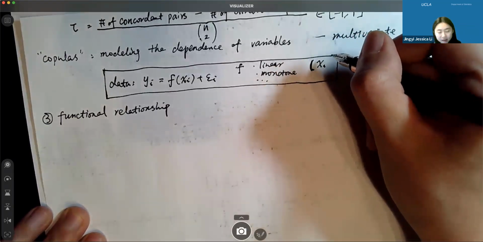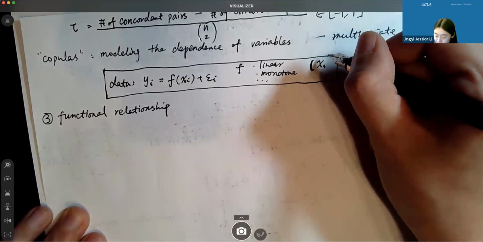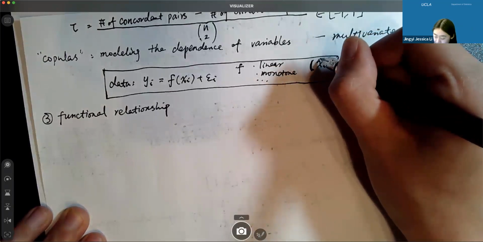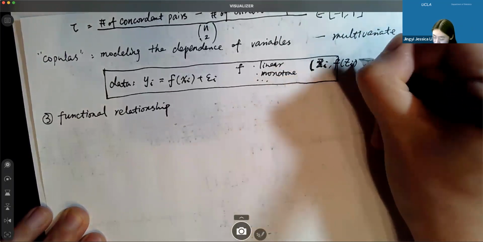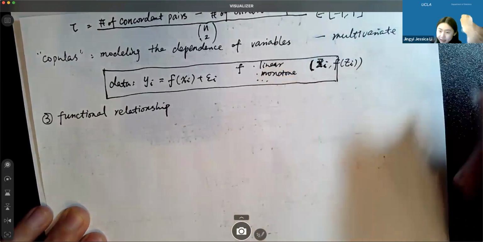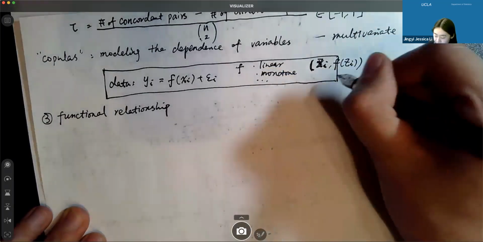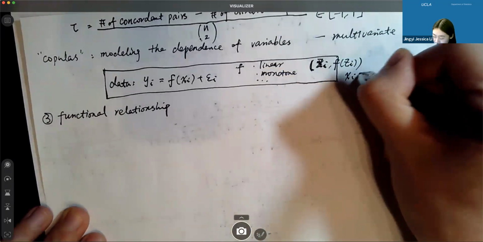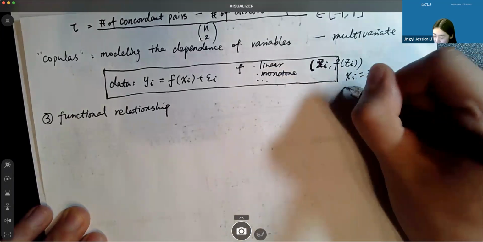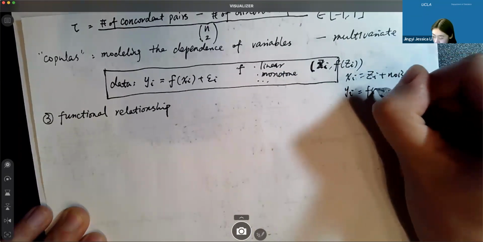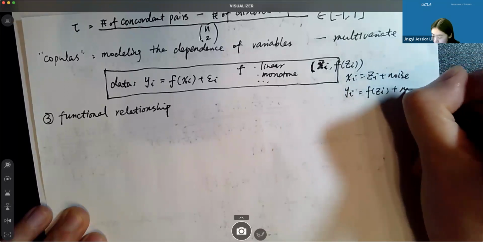Right, I think I need another notation. Okay, so let's say you have some zi, and f is some function. And then what you observe is that xi is zi plus some noise, and yi is f of zi plus some noise.